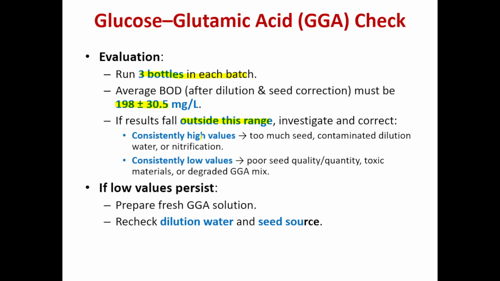If it is consistently high values, then we are using too much seed, so we need to decrease seed volume, or the dilution is contaminated, or nitrification has happened. If it is consistently low values, it means poor seed quality or quantity, toxic material, or degraded GGA mix. If the low values persist, then we need to prepare fresh GGA solution and recheck dilution water and seed source.